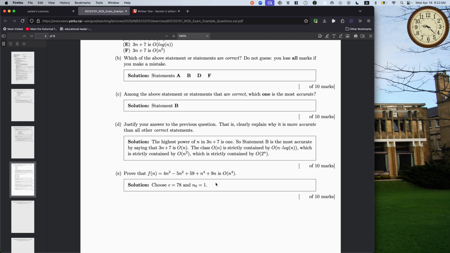So you'd better always verify, as part of your answer, that you choose this C and n0 equal to 1, and show that the upper bound really starts from there. If it doesn't, you may want to choose n0 equal to 2, 3, 4, etc. That's something you have to watch out for.